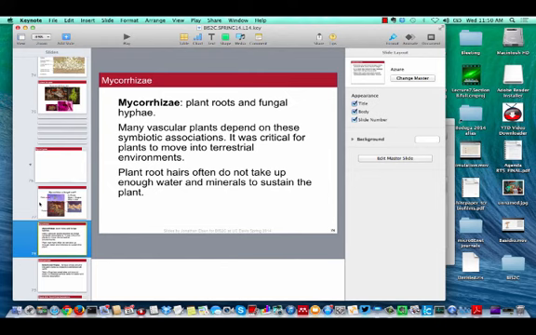Why would that be chosen by natural selection? What are the advantages? There's a lot of papers on trying to figure this out.